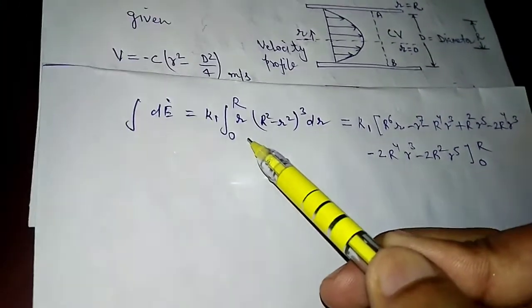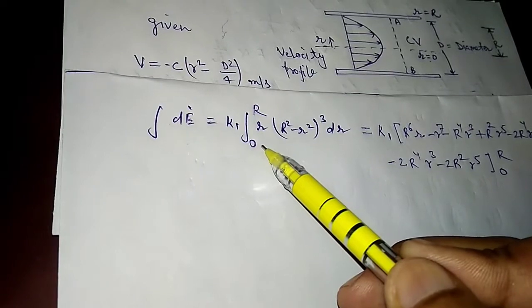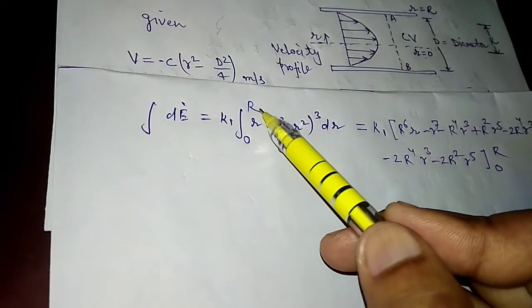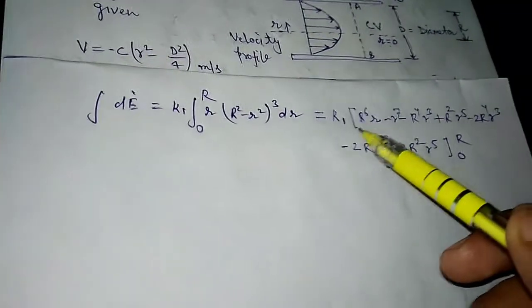Taking lower limit as 0 and upper limit as capital R, after integrating we get this equation.